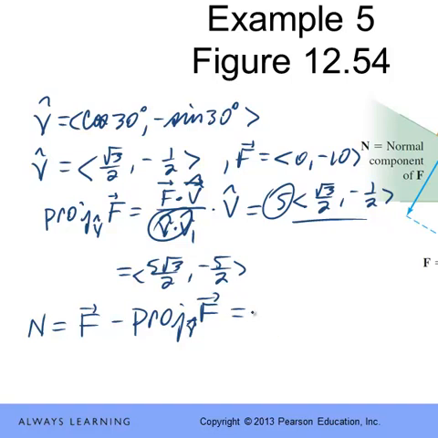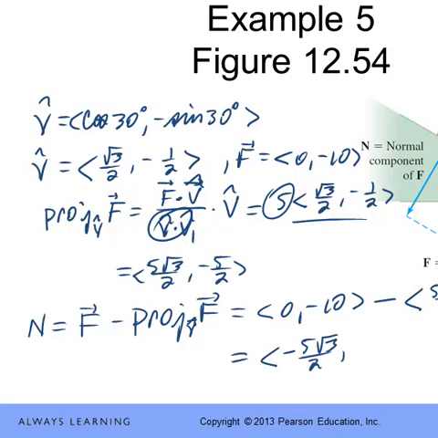So we have F as 0, negative 10, minus the projection, which is 5 root 3 over 2, comma, negative 5/2. So we do that subtraction: 0 minus 5 root 3 over 2, so you get negative 5 root 3 over 2, comma, negative 10 minus negative 5/2, so you get negative 10 plus 5/2.